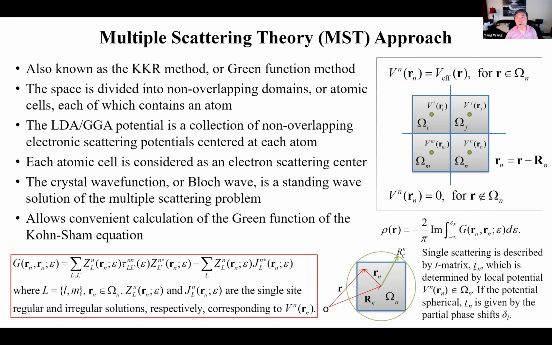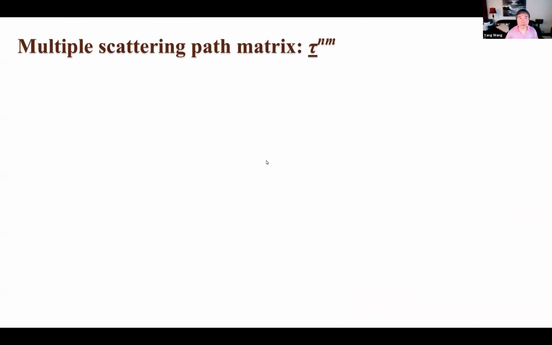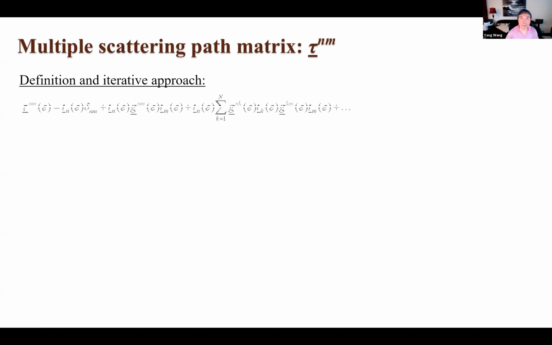I'll mention how tau is calculated before I go further to explain the impurities problem. By definition, the tau matrix represents the multiple scattering process for electrons starting from site N and being propagated to site M. So N and M mean starting from atom N and ending up in atom M. Of course there are many different scattering processes.